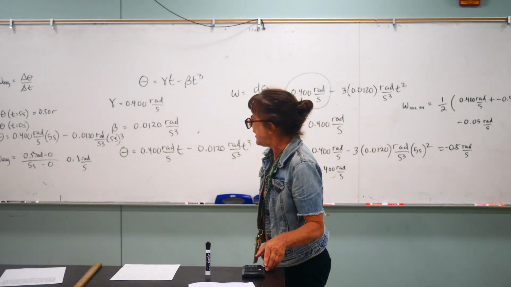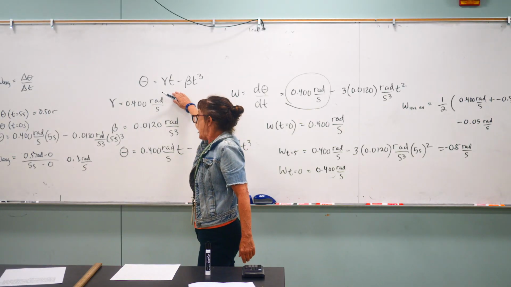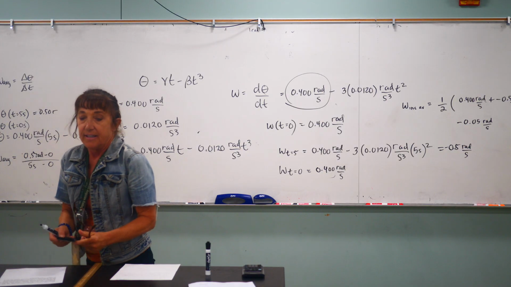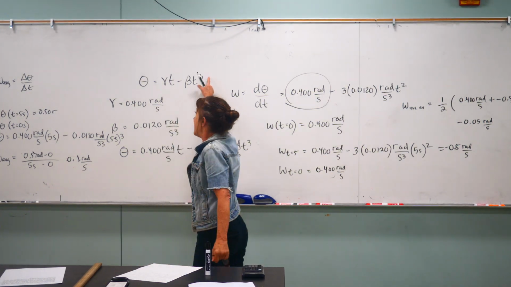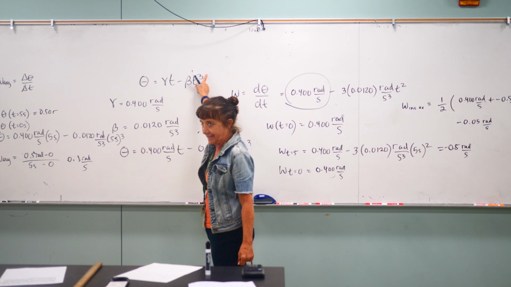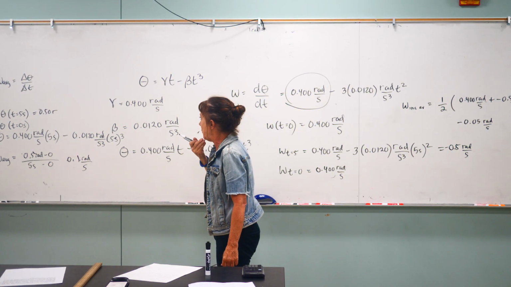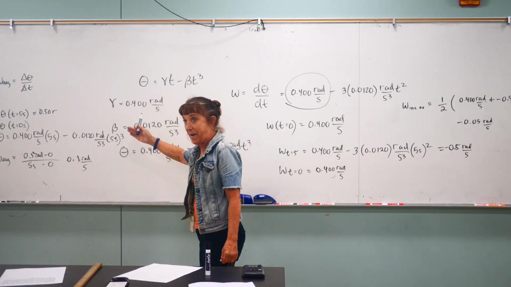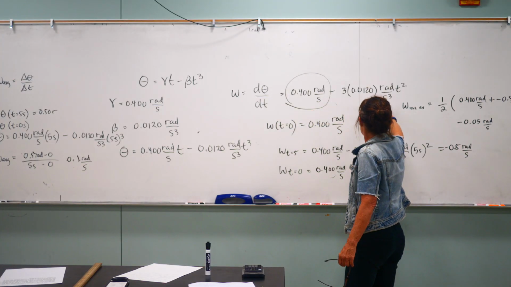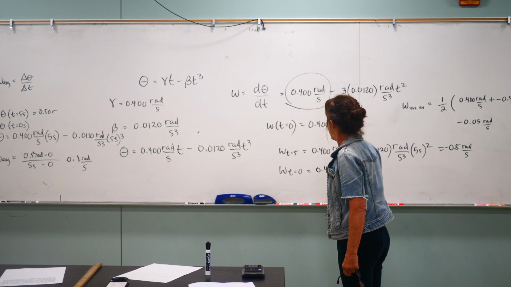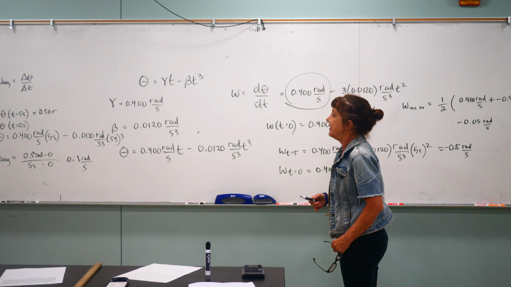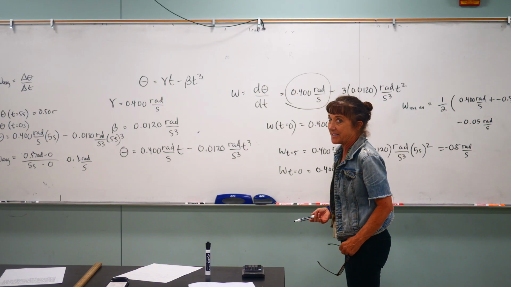All right, to recap. We were given an expression for theta. It's got a cube, so we know we don't have constant angular acceleration, so we have to use calculus. The problem wanted an expression for omega, and we differentiated to get it. Then it wanted the average from 0 to 5.